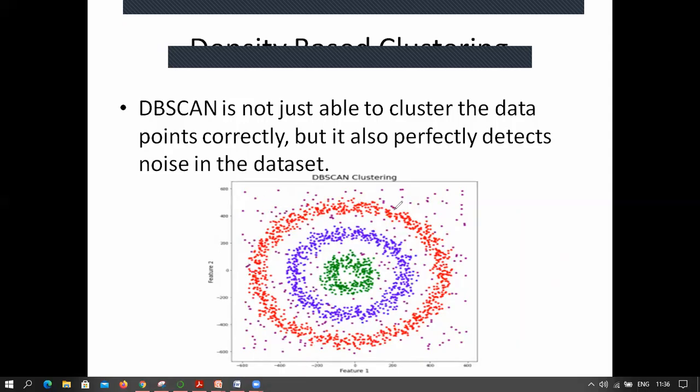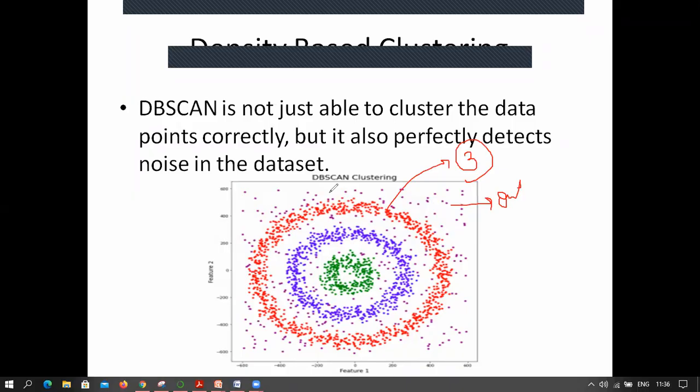And you can see these purple data points, they are not represented by a different cluster. DBSCAN, or the density based clustering algorithm, is saying there are only 3 clusters, and these are your outliers. This is the noise. Okay, so that noise is represented by your purple color.